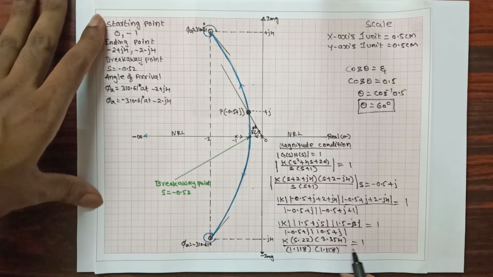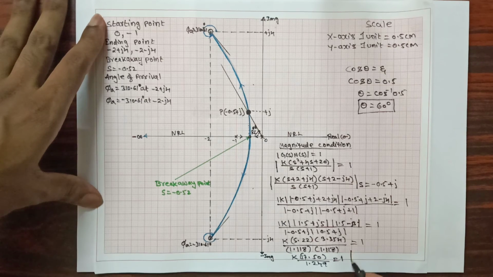So by multiplying this, I am getting in the numerator K into 17.50, divided by 1.118 into 1.118, which gives 1.249, is equal to 1.